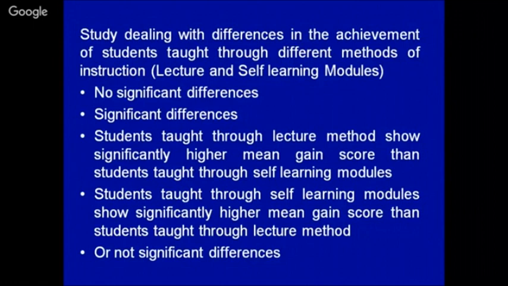So it is a non-directional kind of difference. Then you should look into whether students taught through the lecture method outperformed the students taught through self-learning modules, or students taught through self-learning modules outperformed the students taught through the lecture method. And there may be no significant differences between the two groups.